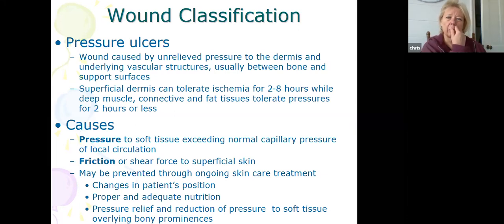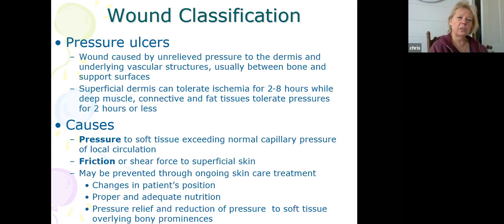Something that's unrelieved, or pressure injury. It's unrelieved pressure to the epidermis, the dermis, all the structures underlying. Capillaries are also very involved, and it usually happens between the bone and supporting surfaces.